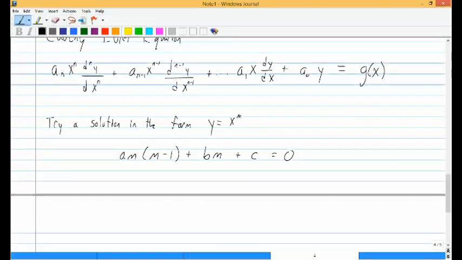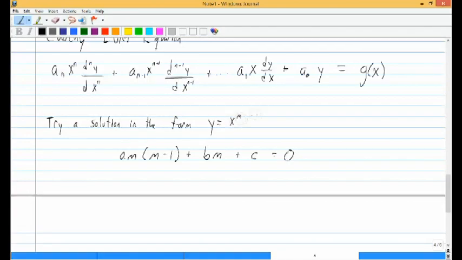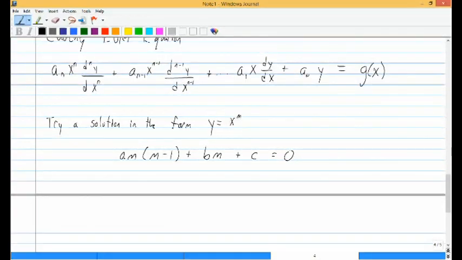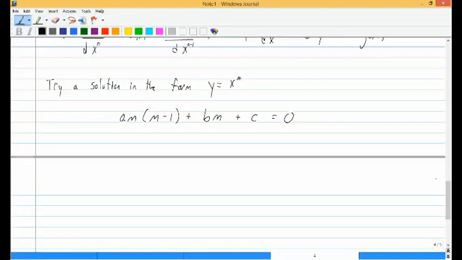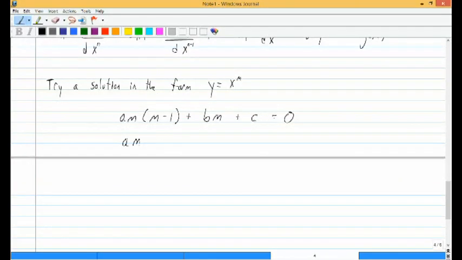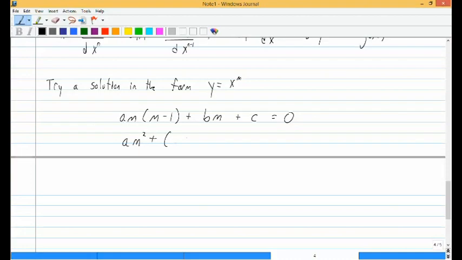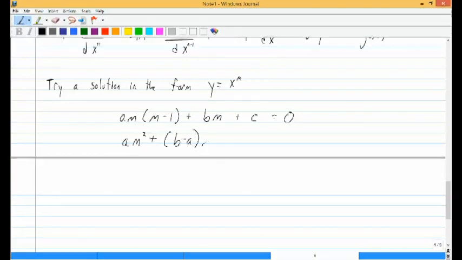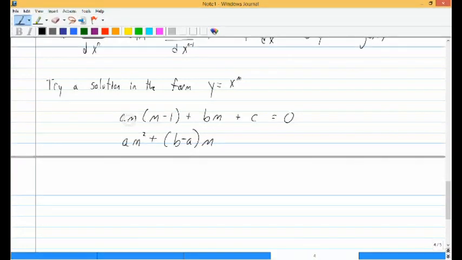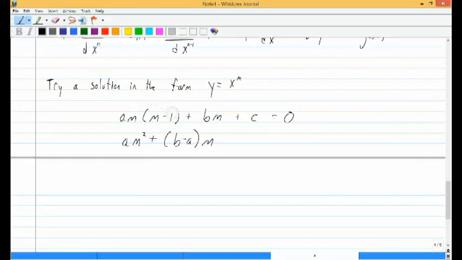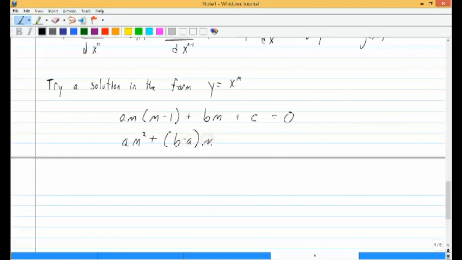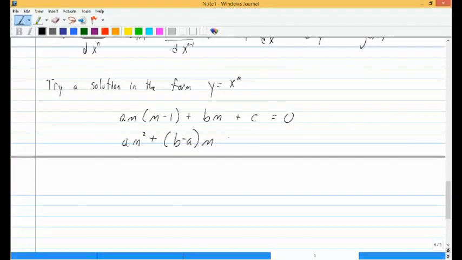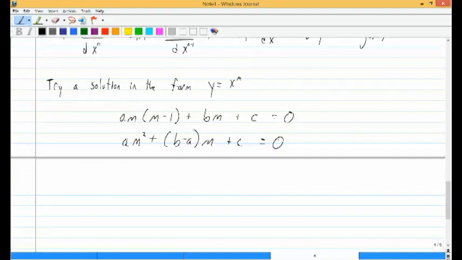Because how do we take these derivatives? It's not too hard to figure out. And then if we plug them in, we would have something which could be written a m squared plus b minus a times m, because if you distribute this, you'd have two m terms, so you'd have some b minus a times m, plus c equals 0.